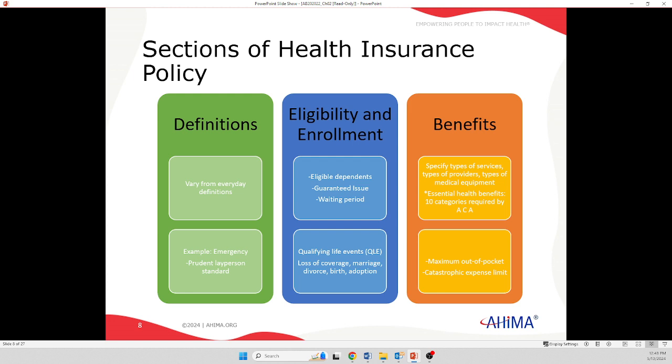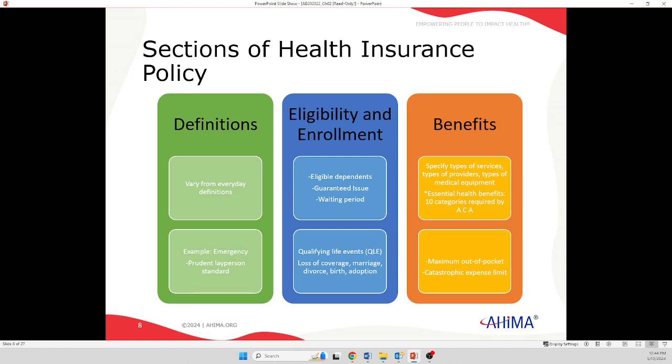All of that are types of services, and in your policy it will spell out exactly what is covered as your benefits. If something's not covered as a benefit, then that means that the insurance company is not going to pay for it.